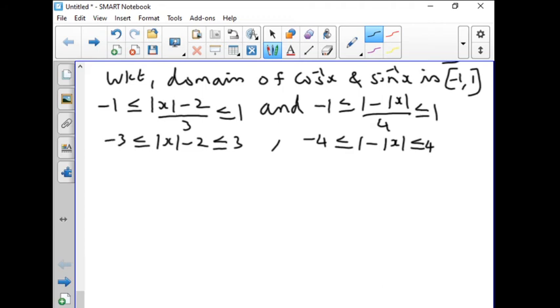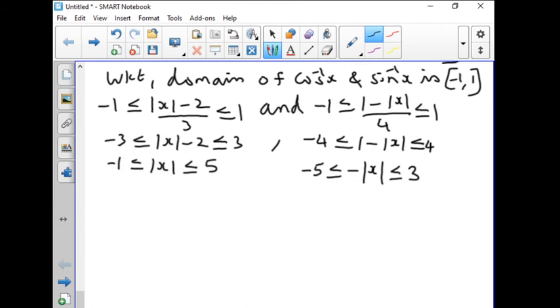So, plus 2 minus 3 is minus 1 less than or equal to modulus of x less than or equal to 3 plus 2 is 5. And here we have to remove 1, so we subtract 1 throughout. So, minus 5 less than or equal to minus modulus of x less than or equal to 3 it becomes.